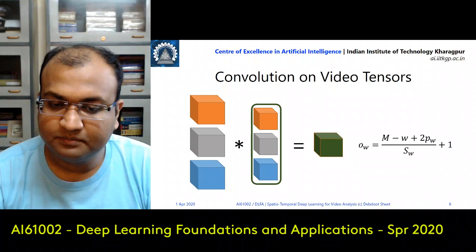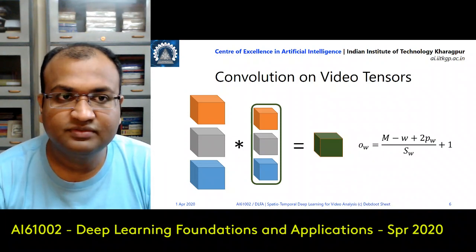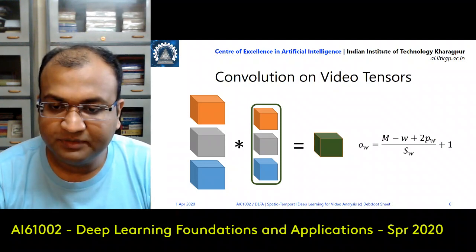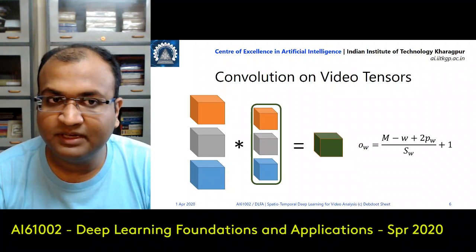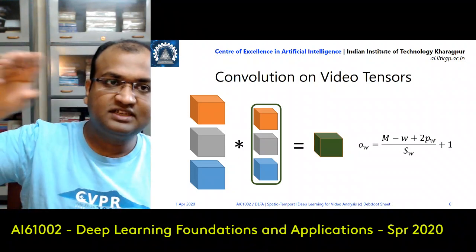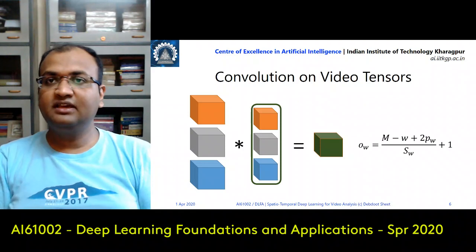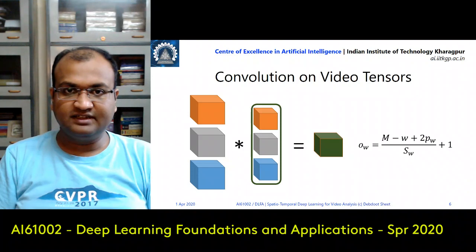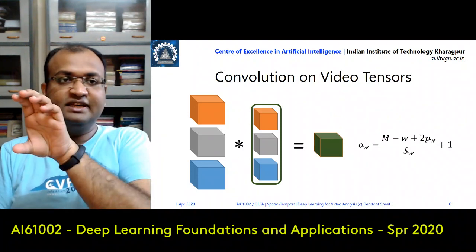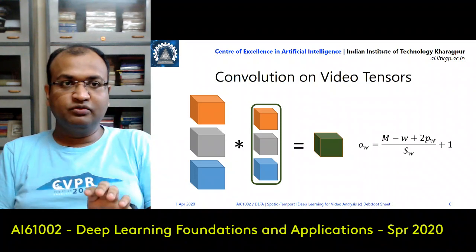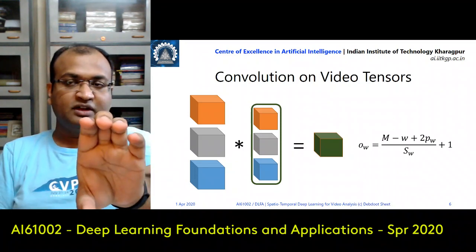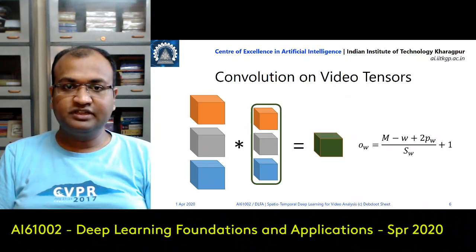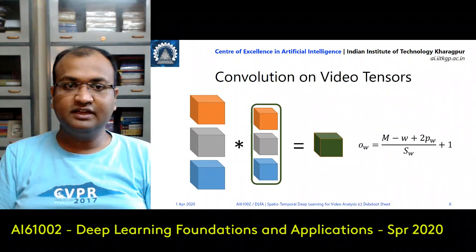The width of this output tensor, one single channel of that output tensor, is equal to basically (m minus w plus 2pw) divided by sw, plus one, which is the number of strides or possible valid locations over which my convolution kernel can move on the original input tensor itself. It will be able to move along the x direction, along the y direction, and similarly along the z direction. So I have three directions in which it can move. And now the output tensor size is going to be accordingly defined in all the three directions.